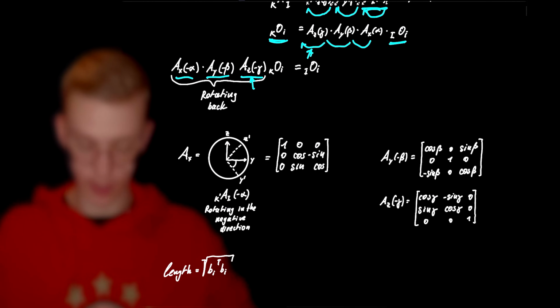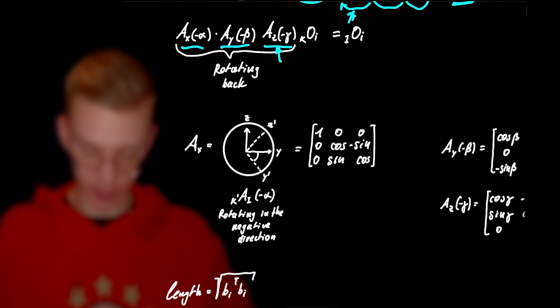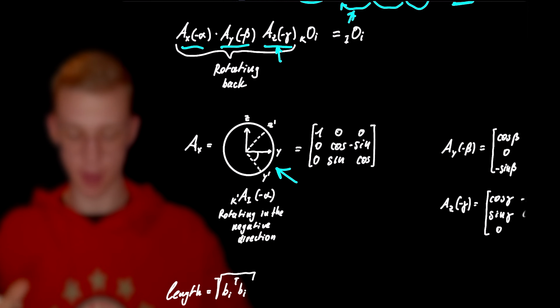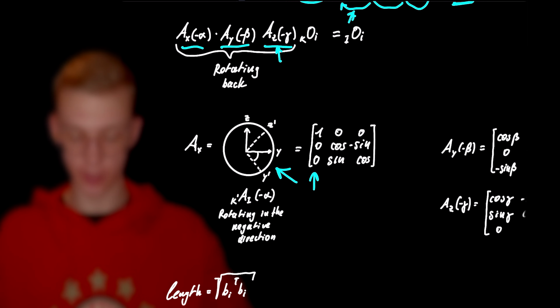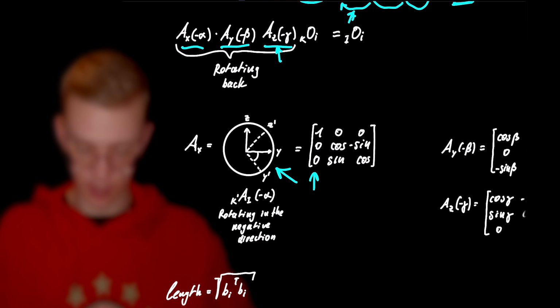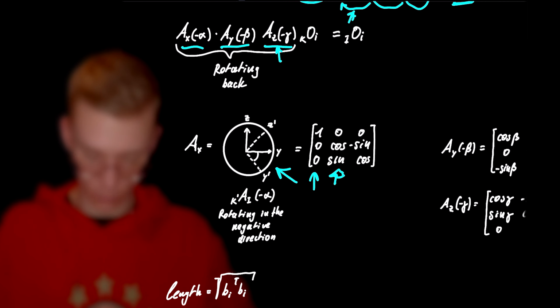So here we have the transformation matrix. I rotated it in a mathematically negative way. Because we are rotating around x in this case, x stays the same. This one is our y. So we go y in the inertial coordinate frame.